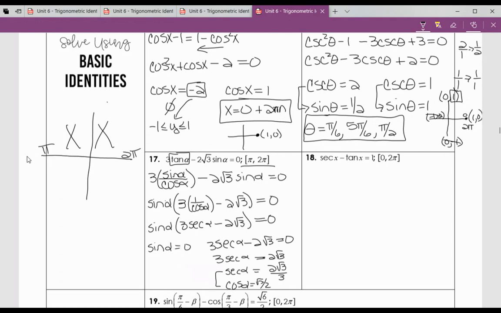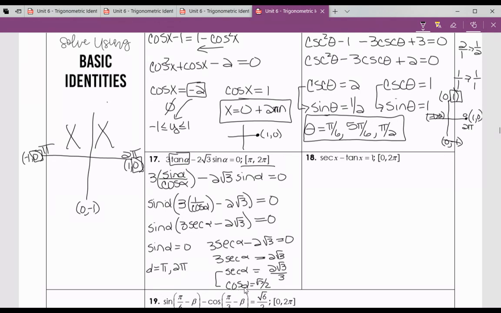If I look here, that's -1, 0. Here, I've got 0, -1, and at 2 pi, I've got 1, 0. Well, your sine value is the y coordinate. So I have 2 places where sine alpha equals 0. So that would be pi and 2 pi.